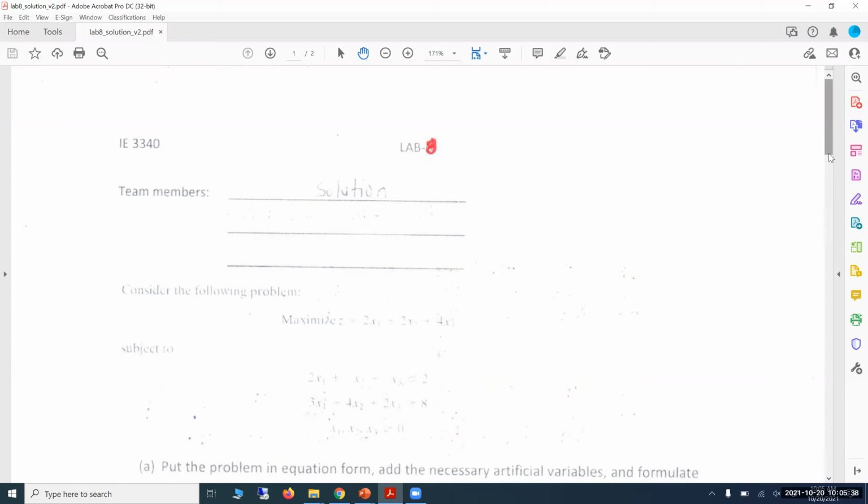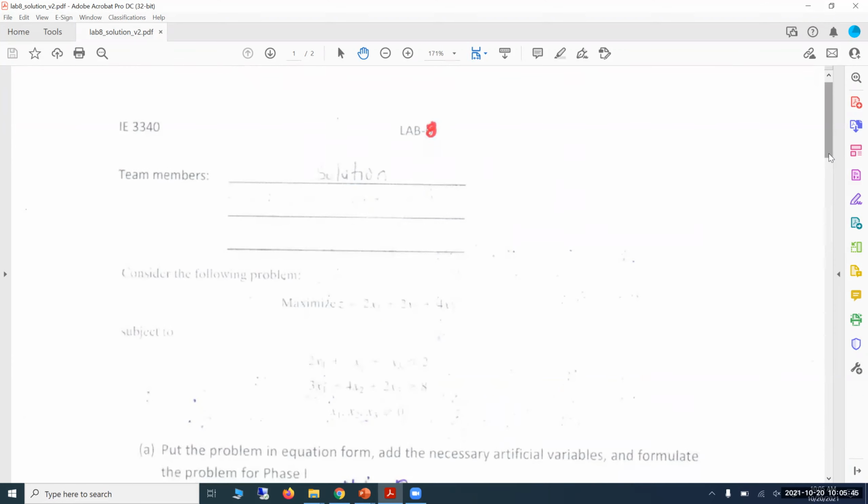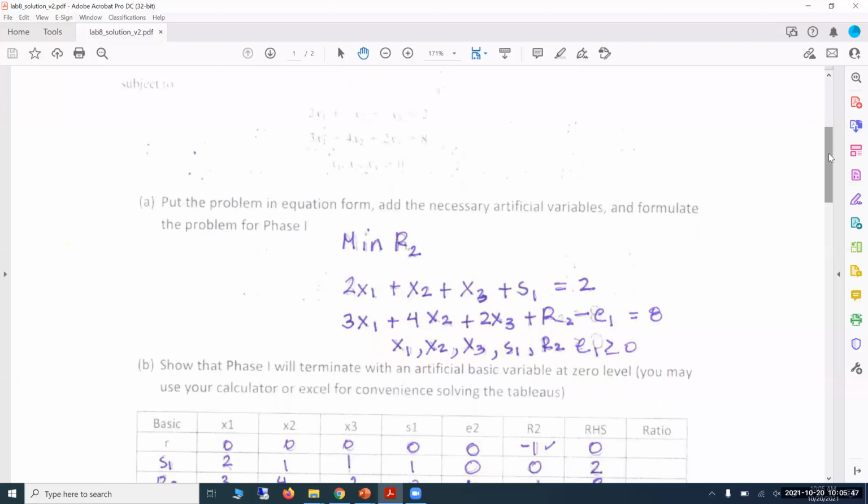Maybe it's a photocopy. I think it's not looking very clear. Yeah, so that objective function should be minimization of R, where R is R2. If you have more than one artificial variable, then this will be the summation of all your R's.